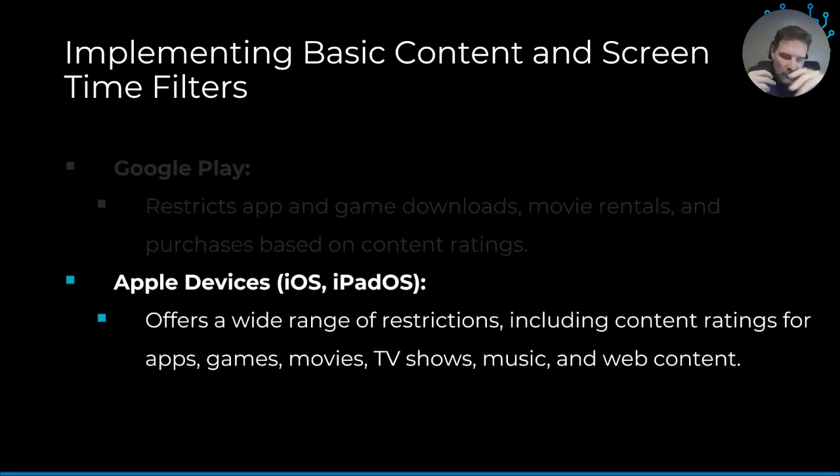And this is all in the tutorials, right? And for iOS, you can configure everything in the same app. It's more user-friendly and simpler to configure, okay? And you can restrict content based on ratings and even TV shows, music, and web content.